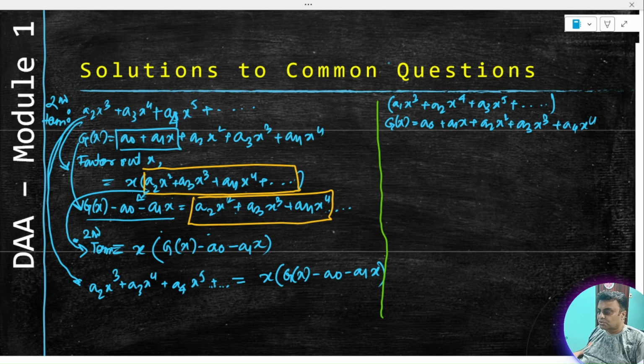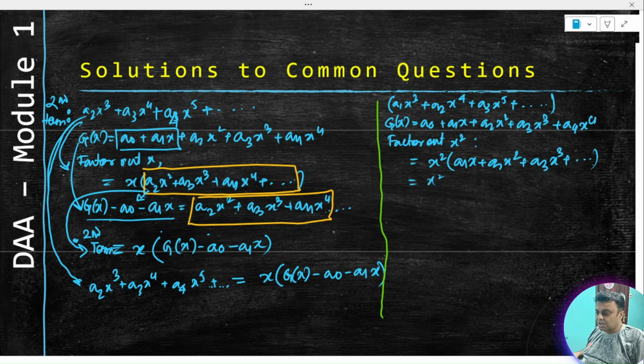Let us see. So a1 goes with what? A1 goes with a single x, so 2 x's are extra. A2 goes with x square, 2 x's are extra. So we have to factor out x square. So factor out x square. If we do that, this term becomes equal to x square times a1x plus a2x square plus a3x cube, etc., etc.